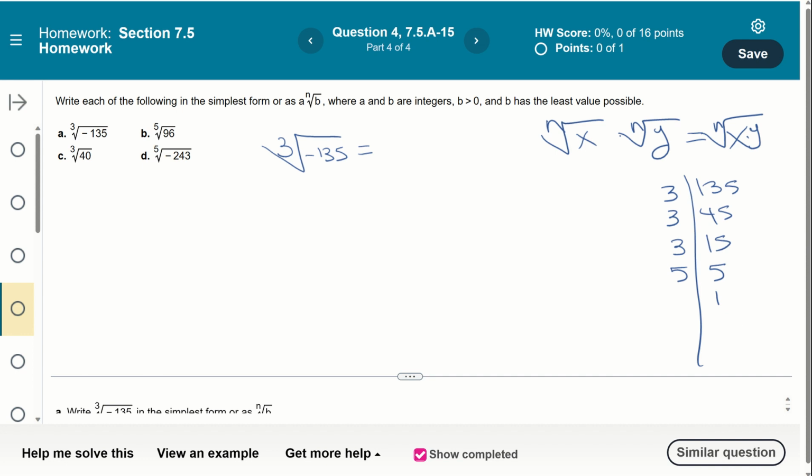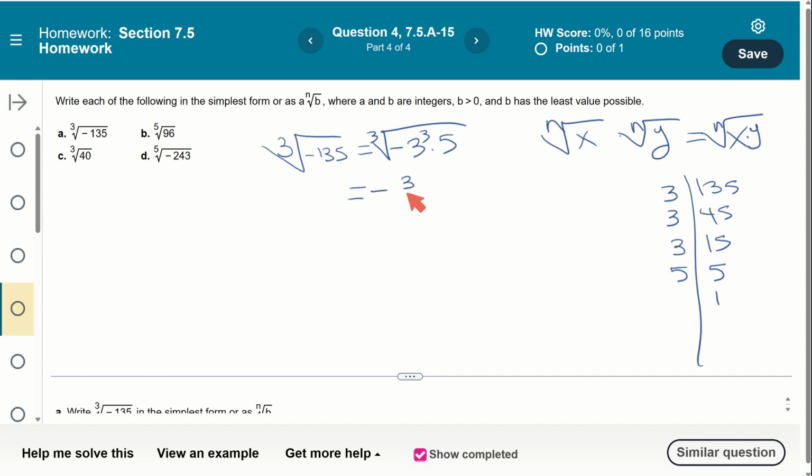So I can take this and rewrite it as the cube root of negative 3 cubed times 5. Now notice the cube root of a negative number is going to be a negative number. So we can bring that negative out, right?